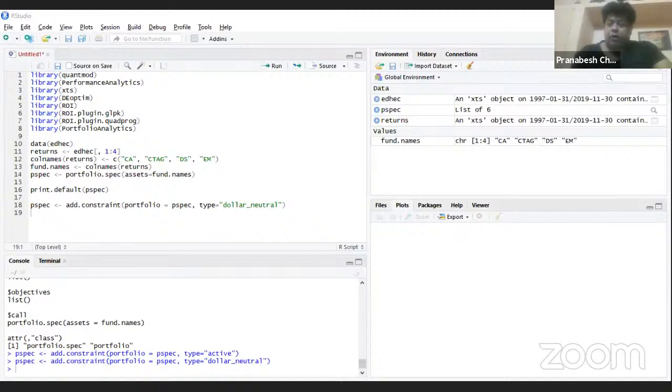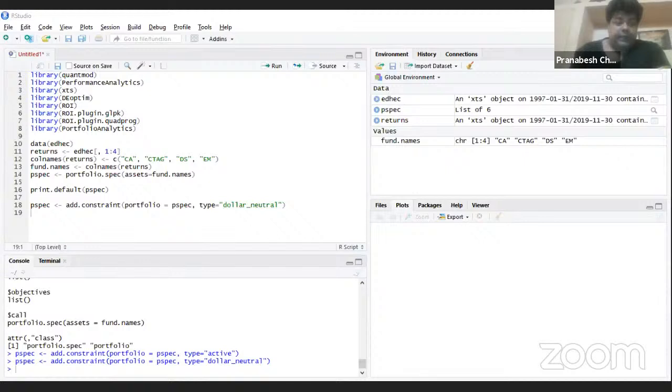So that is one way. Box constraint we have already seen. Group constraint we saw. There is something called a position limit constraint, right? If we want to specify limits on the number of assets with non-zero long or short positions, then we have to give a position limit constraint.